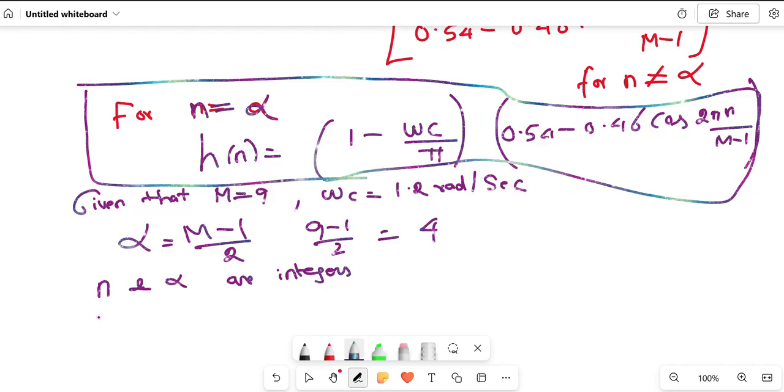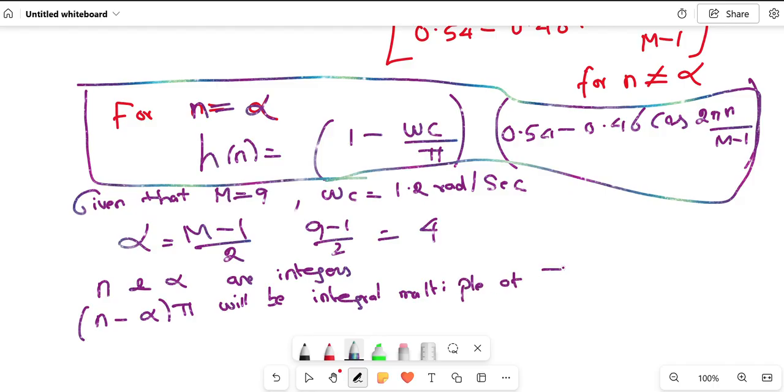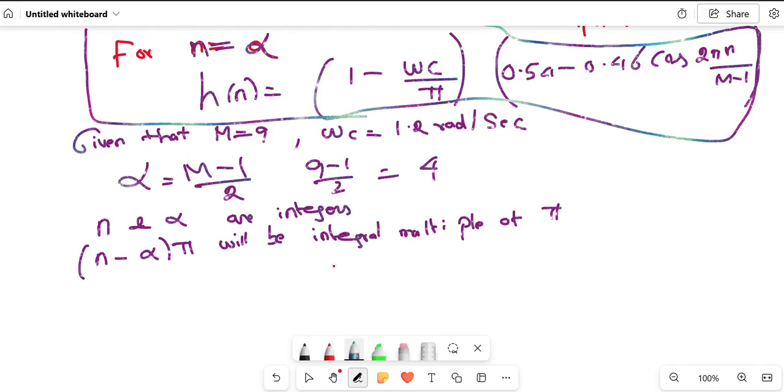So (n minus alpha) into pi will be an integral multiple of pi, so you will get sine of (n minus alpha) into pi equal to 0.